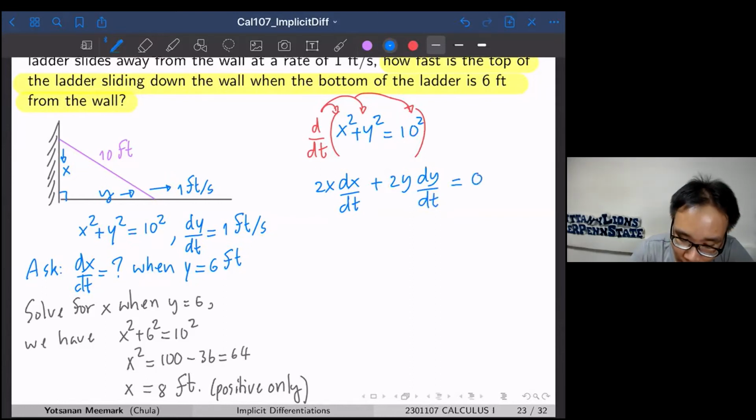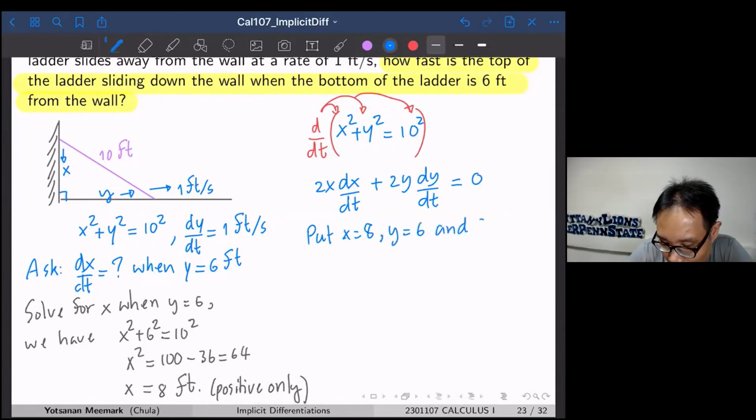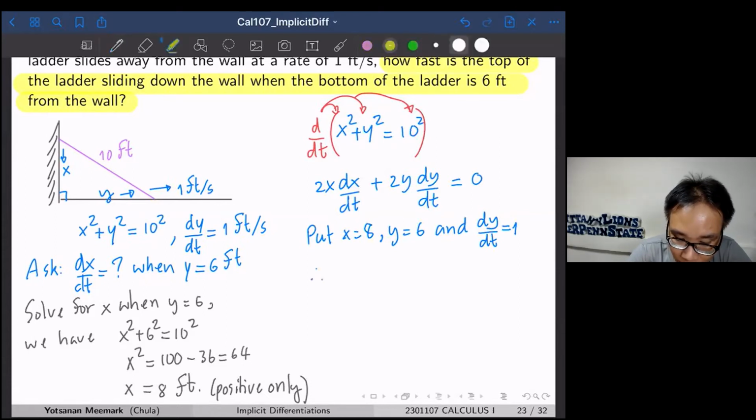Okay, and you have x equal to 8, y equal to 6. So you put x equal to 8, y equal to 6, and dy/dt that the question gives you is 1. So in this case, we are able to solve for the dx/dt that we are asking for.